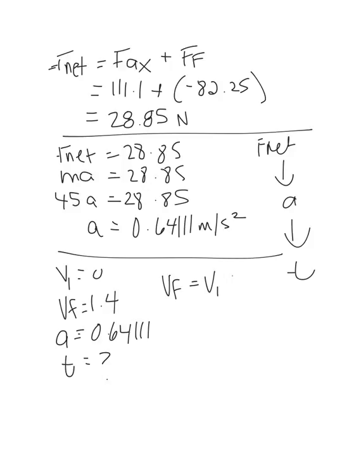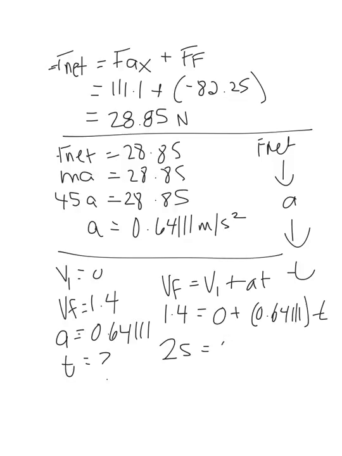VF equals VI plus AT. 1.4 equals 0 plus 0.64111 T. Then I'm going to divide both sides by 0.64111, and you're going to get 2 seconds as your time. Okay, 2 sig figs, oh, it's 2.2 seconds.